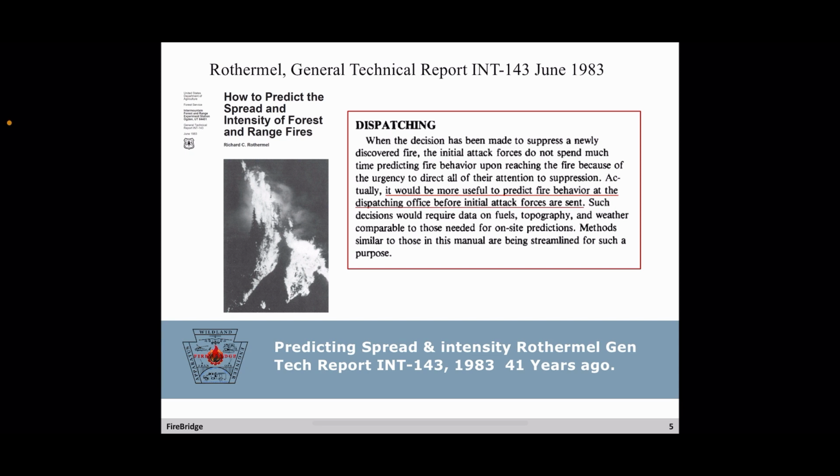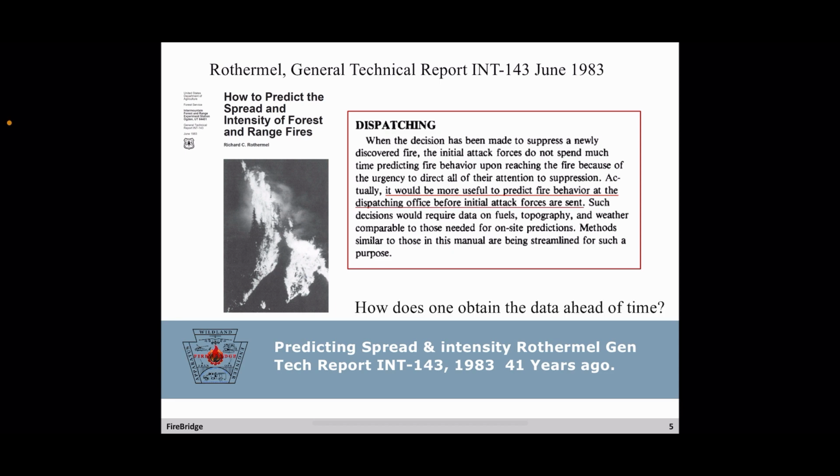You're going to come up with a rate of spread and intensity and a flame length. Once you get that number, then, as you'll see later on, you'll know what resources you need, both air and ground, or even heavy equipment. And consequently, heavy equipment for dozers and feller bunchers and masticators, fuel removal is a direct equivalent to heat absorption capacity of water. So we'll get into that more.